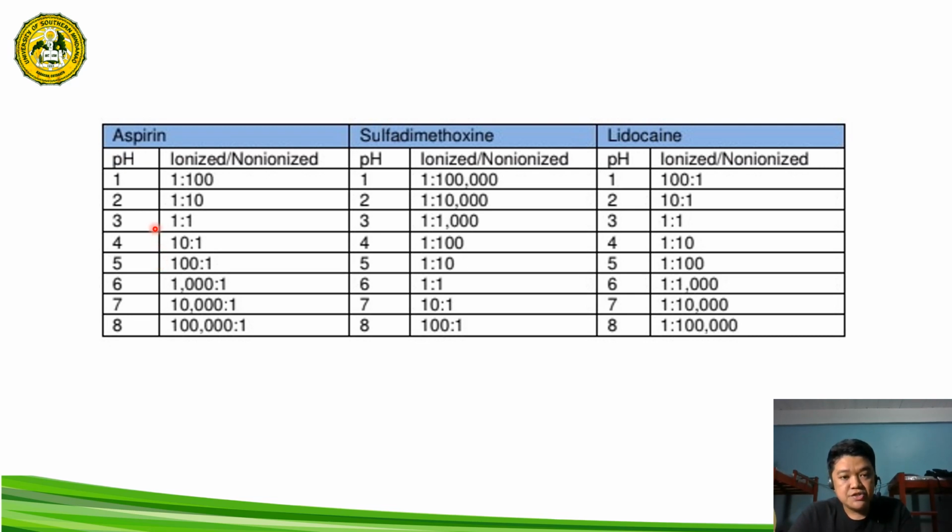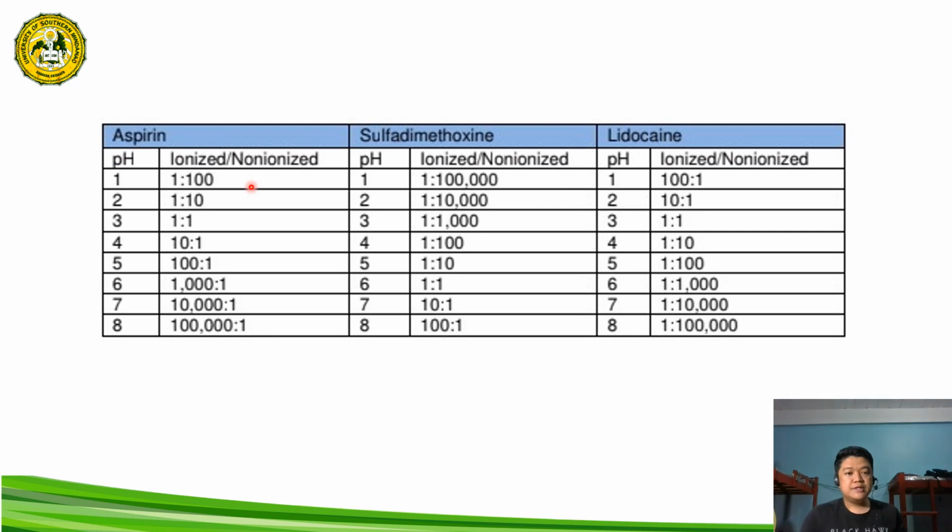So a pH greater than the pKa for an acidic drug means we increase the percent ionization, or the proportion of the drug in its ionized form. A pH that is lower than the pKa would mean that, for acidic drugs such as aspirin, we increase the unionized form of the drug.